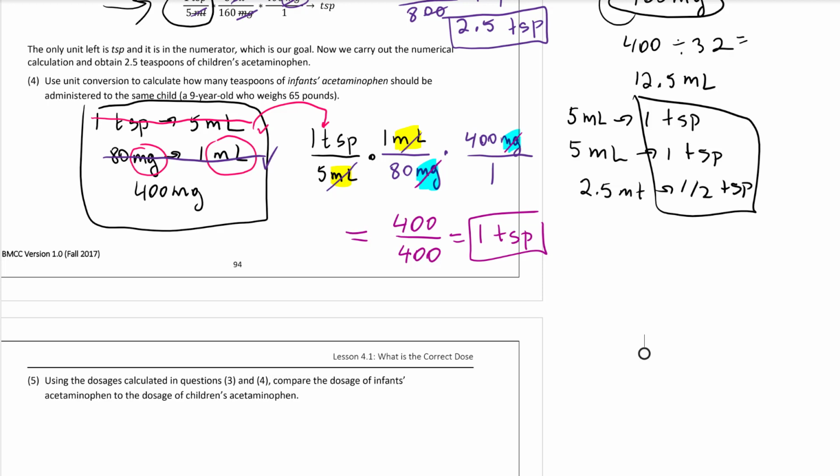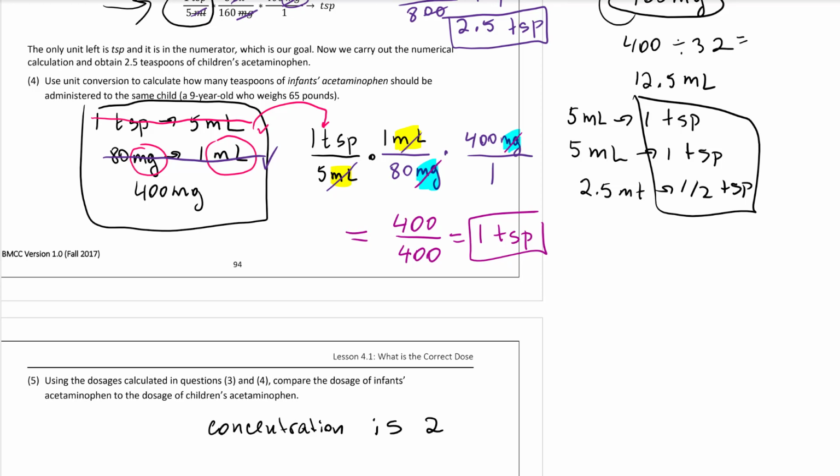All right, so let's review. We say that infants' concentration is, actually, which one is more? The child's, right? The child's dosage is more.